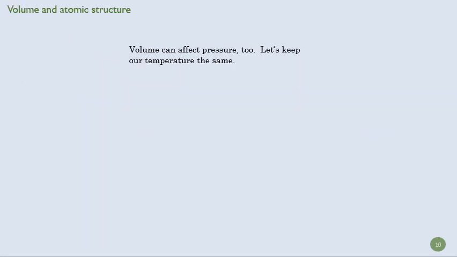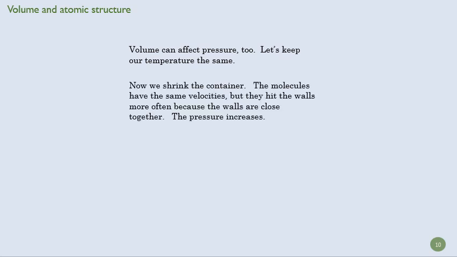Now, pressure doesn't act on its own. We can think about volume too. And so in this case, we're going to have our container with its water vapor molecules flying around, but we're going to keep the temperature the same. And we're going to shrink the container. So the molecules have the same velocity, but as we've shrunk the container, they're going to hit the walls more often because the walls are close together.